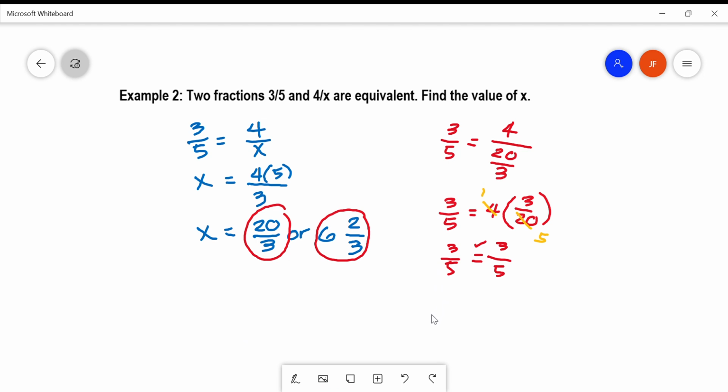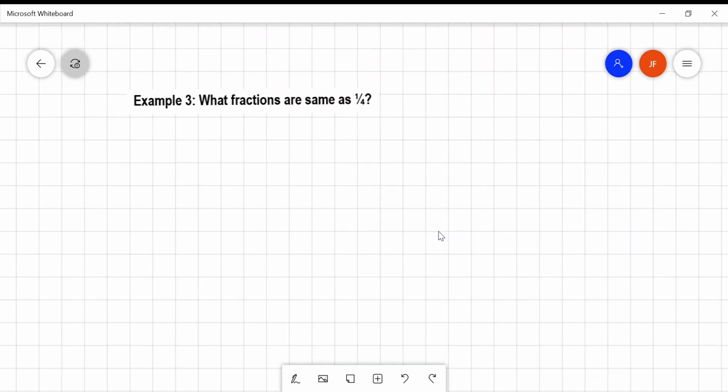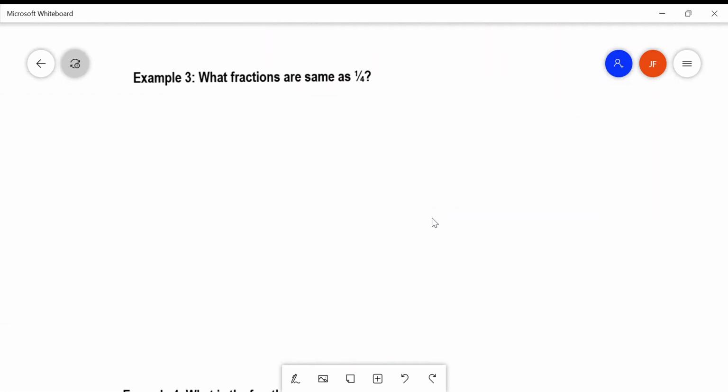Now going to example number 3. What fractions are the same as 1/4? Okay.